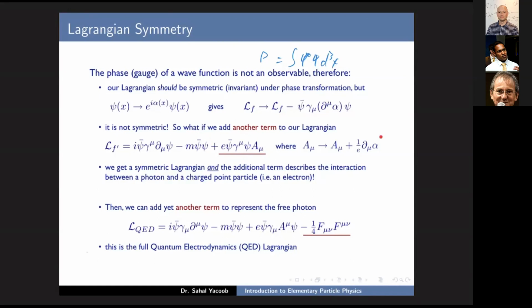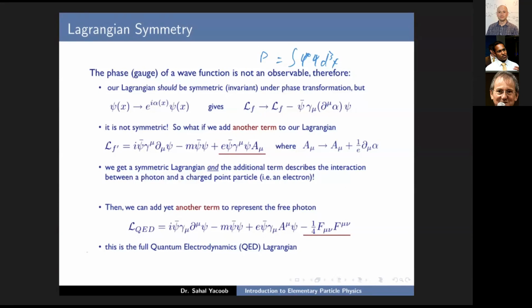A mu had to satisfy this equation, and there are other ways of doing that. And this constant didn't have to be the charge of the electron, but we needed a term like this, and a term like this can be used to describe electromagnetic interactions between positively and negatively charged particles.